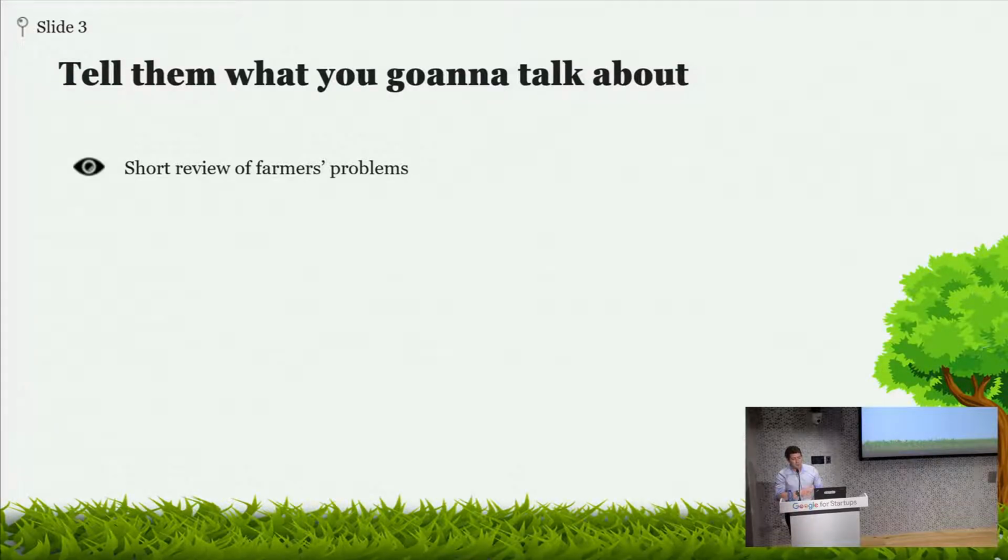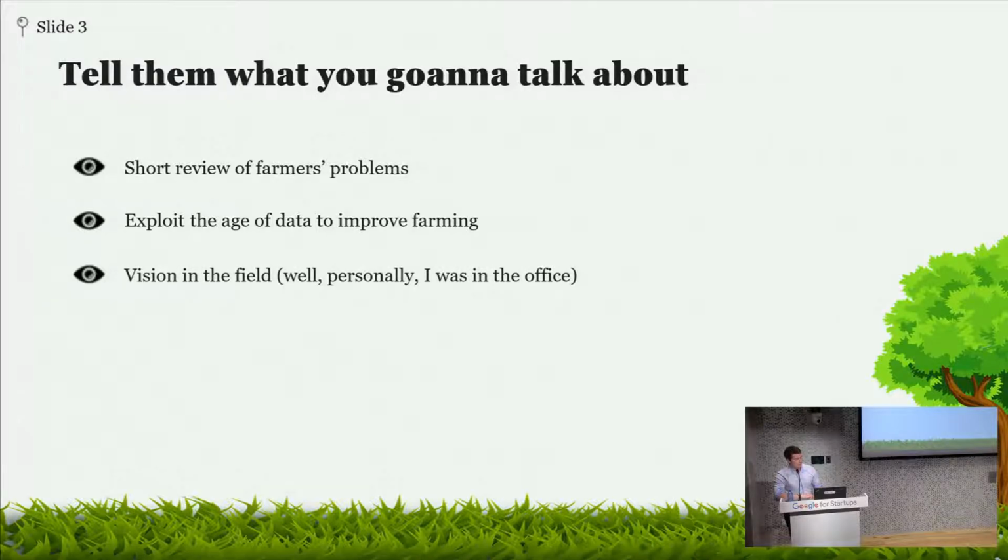We will quickly review the farmers' problems. As you already heard in the last 2 presentations, there are a lot of problems, so a quick review. We will understand how to exploit the data we have from farming. We will see how we can use computer vision more. It's like remote sensing, but some kind of combination between remote sensing and real imagery.